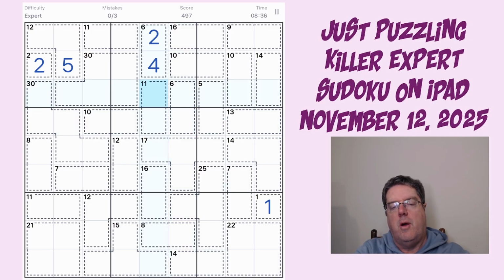2, 4. So this can be 5 and 6 or 3 and 8, which is the same as that. 5 and 6, 3 and 8, which makes sense because that's 6 and 7 there.